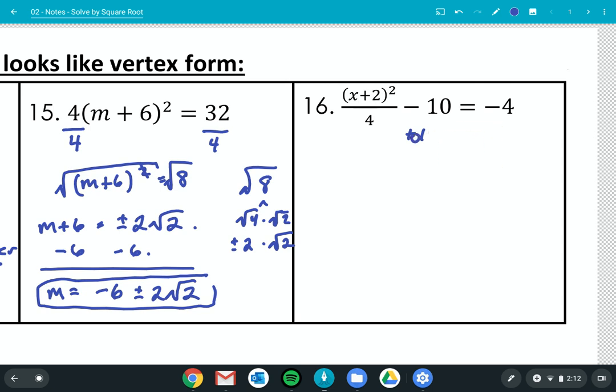Okay, my stylus is acting rather weird. So I'm going to add 10 to both sides. So what I'm going to get here is x plus 2 squared.